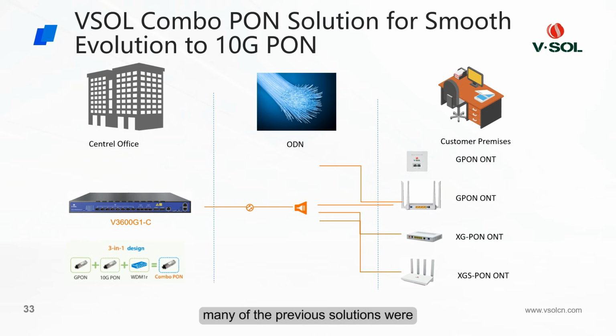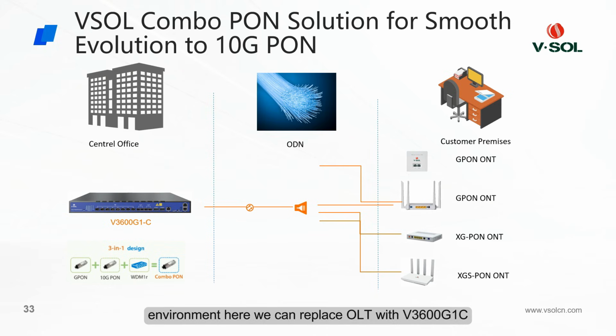Many of the previous solutions were planned in traditional PON networks, but now customers have increasingly higher bandwidth requirements for the network, so it forces upgrading and transforming the existing PON network. We certainly hope to complete network updates and transformations with minimal changes to the environment.